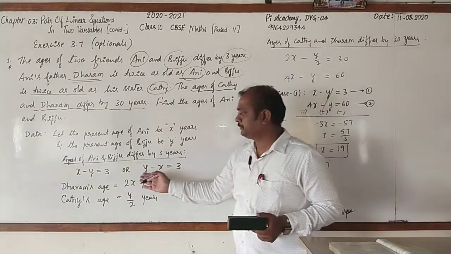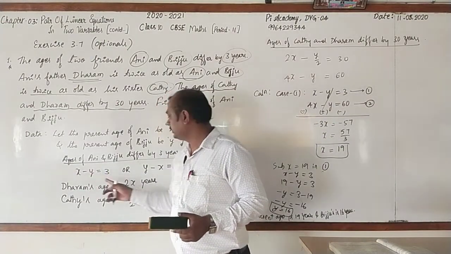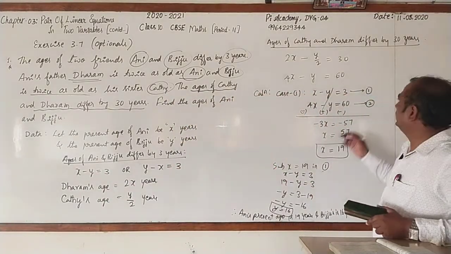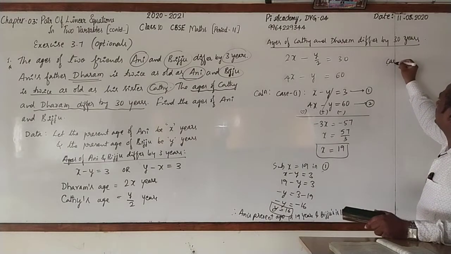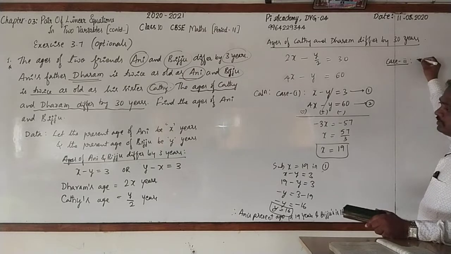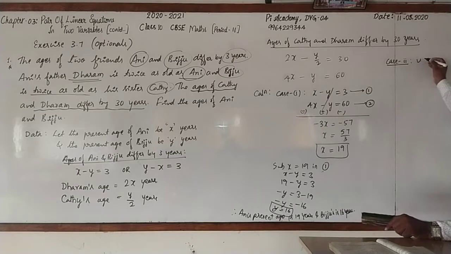Even it may be here Ani is elder than Biju. Even there may be Biju is elder than Ani. I'll go for taking that. Case 2. What is that? It is y minus x equal to 3. y minus x is nothing but minus x plus y equal to 3.